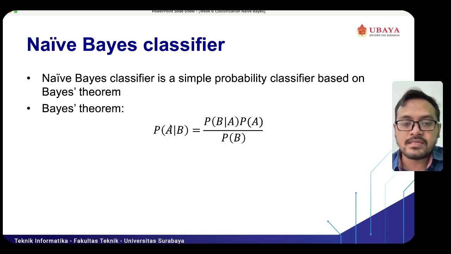Let's imagine that A is drinking coffee and B is smoking. It means that if we have some people who smoke, what is the probability that the people inside that smoking group also drink coffee?